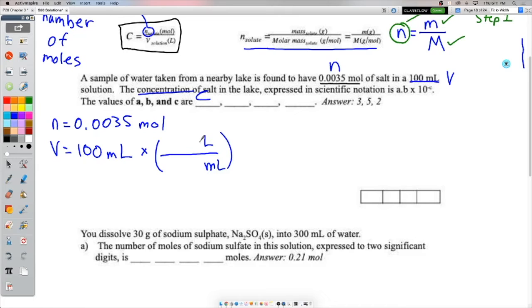I have to make the number on top be the same thing as the number on bottom, just said a different way. So 1 liter is the same thing as 1,000 milliliters. I'm saying 100 milliliters times every liter has 1,000 milliliters. So if I've got 100 milliliters, how many liters do I have? I'm going to have 100 divided by 1,000 in the end. Milliliters are canceled out, leaving me with liters. And so the volume is 0.1 liters, okay?